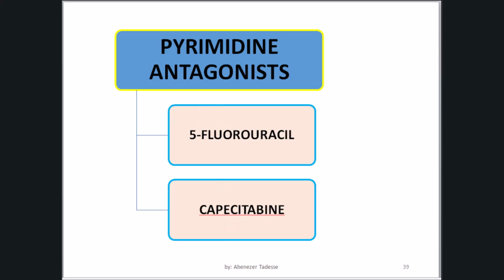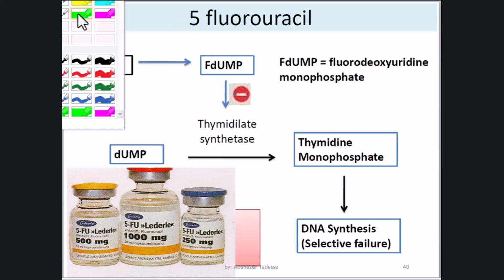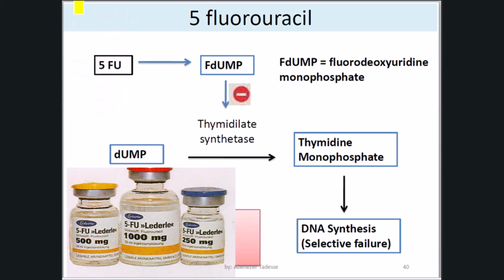Let's see the mechanism of action of 5-fluorouracil. Once inside the body, the 5-fluorouracil is converted into fluorodeoxyuridine monophosphate.